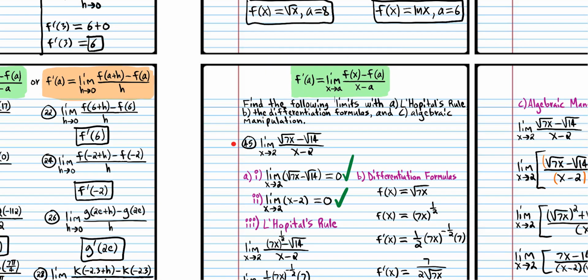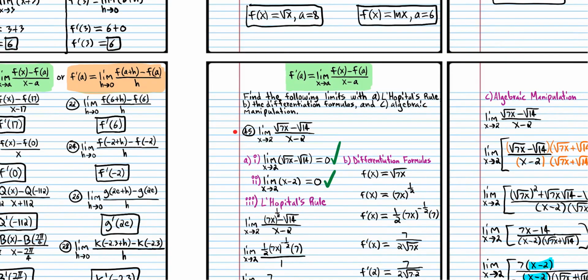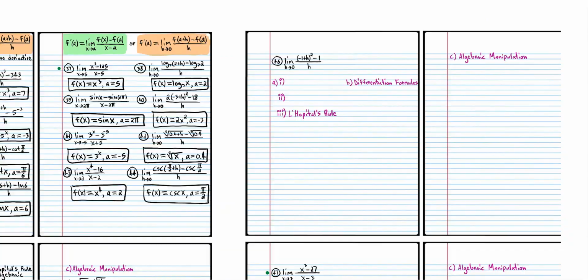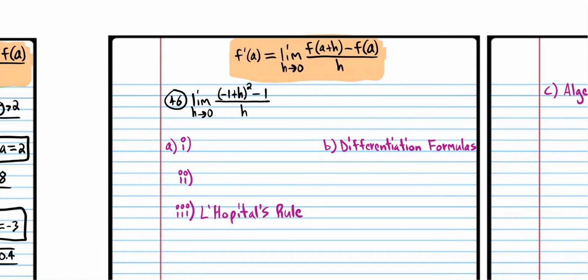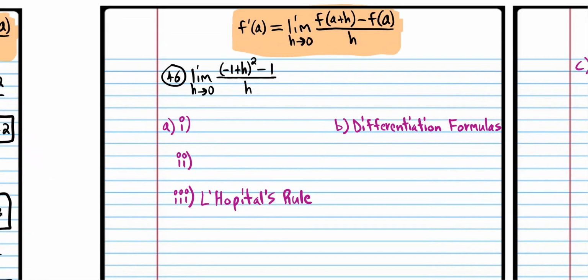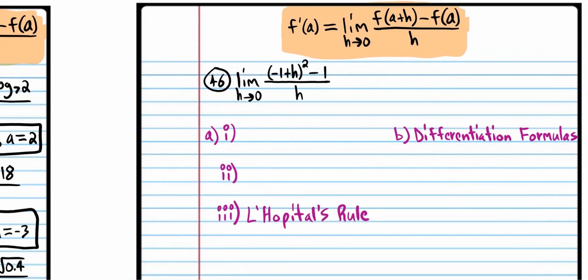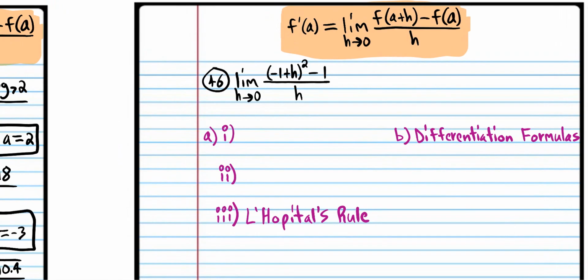That was that type of problem. We had to refer to that new definition. But in this problem, we're actually using something that looks more like the old definition of the derivative. We're just plugging in a constant value for x. So let's first use L'Hopital's rule.